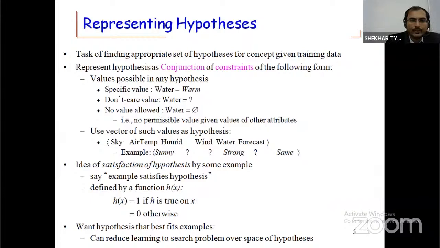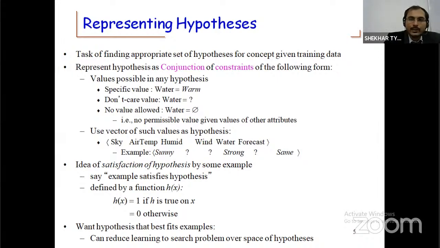The value of water can be anything like that, and it is not affecting the training set values or the hypothesis at all. So we can represent it with a question mark. This type of representation, which doesn't play a significant role in defining a particular hypothesis, is termed a don't care condition, right?